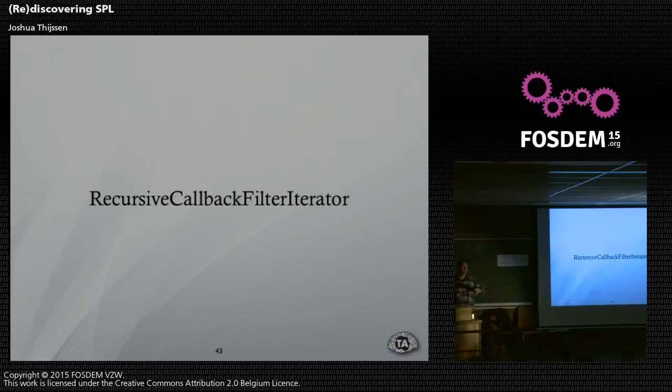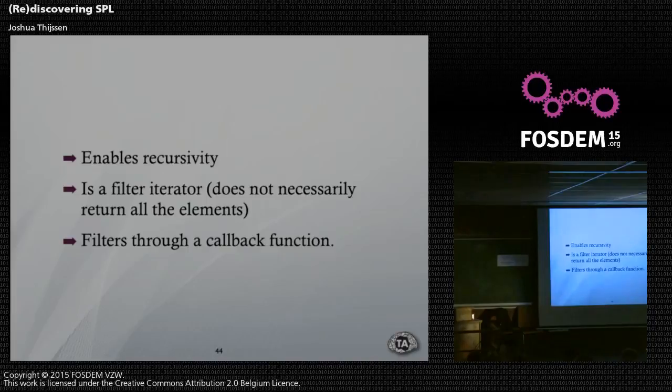It's a filter iterator, so it actually injects another iterator and filters out stuff, and it uses a callback for that, which is really awesome. So now we can create a simple filter iterator by just adding a callback to it. It works exactly as you would expect from now on. But yeah, if you start with SPL, it doesn't make any sense at all.